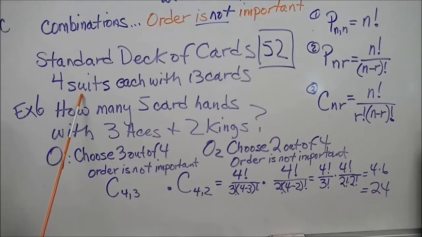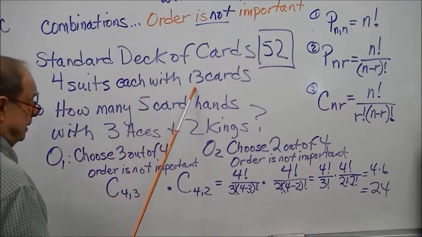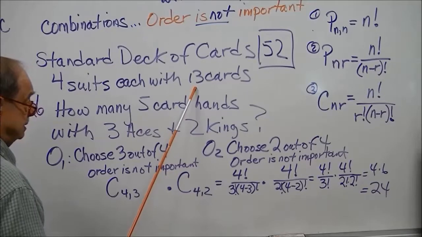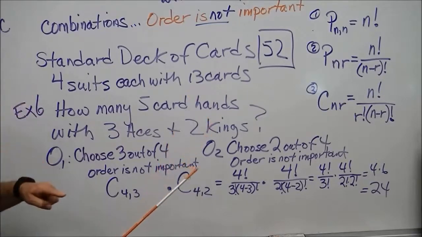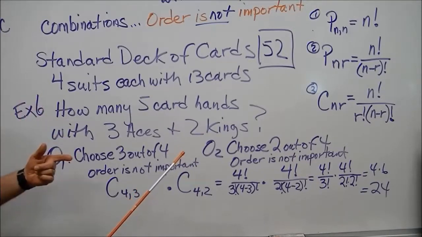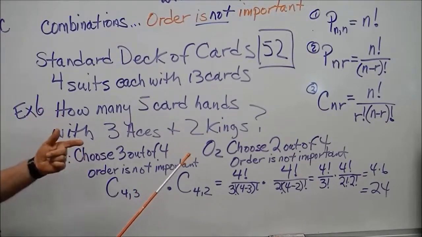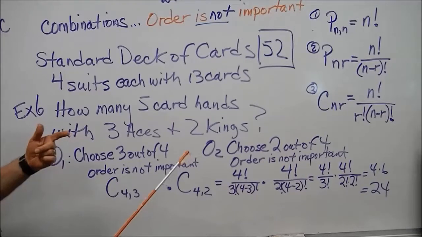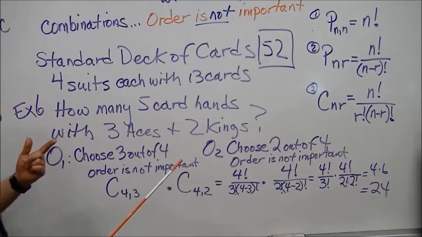Diamonds, hearts, clubs, and spades. And each of these suits contain 13 cards that start with a 2, 3, 4, 5, 6, 7, 8, 9, 10, then a jack, a queen, a king, and an ace.